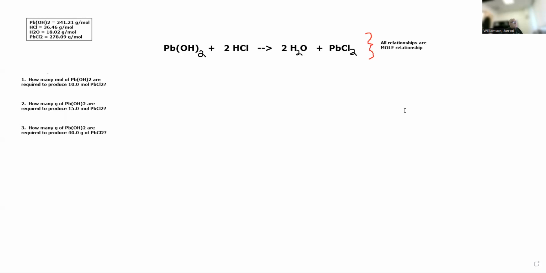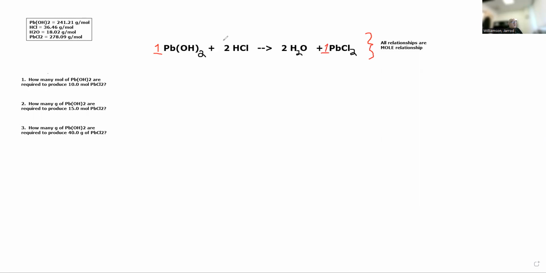Okay. So the first thing I need you to do is take a look at this balanced chemical equation. What I need you to understand is the relationships here. I have an invisible understood 1 for a balancing coefficient. This is a 2. This is a 2. And this is an invisible understood 1.